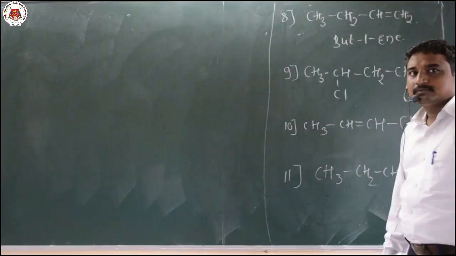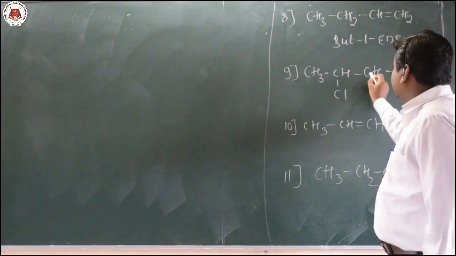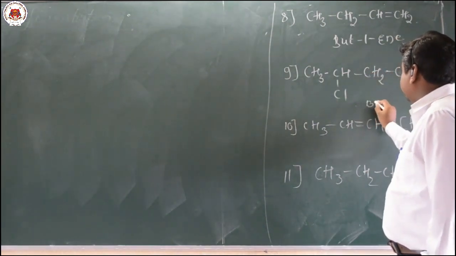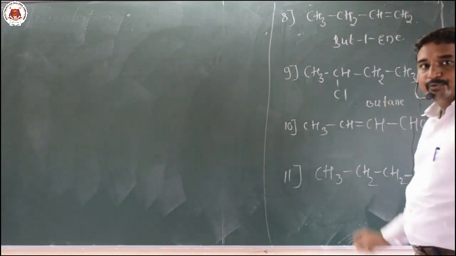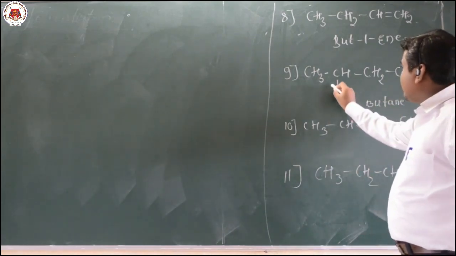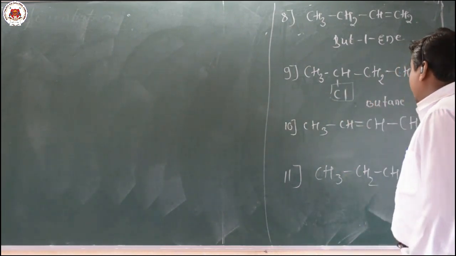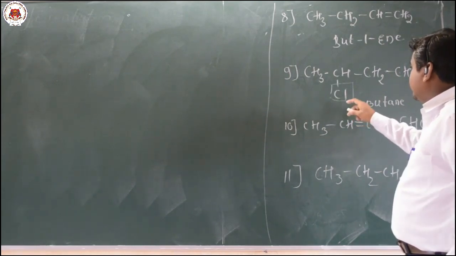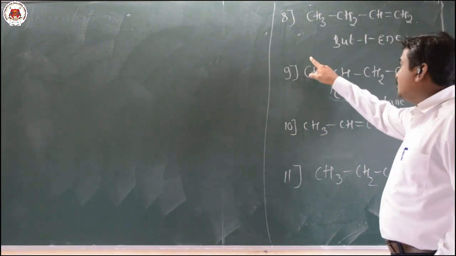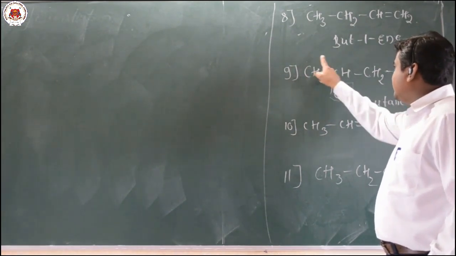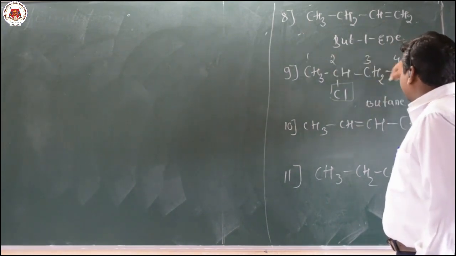In the 9th compound we have 1, 2, 3, 4, the root word is but, and the primary suffix, only single bonds, is ane: butane. We have a chlorine atom at the second position, which acts as a prefix, so you have to mention its position. While numbering the carbon atoms we have two ways. From this side, 1, 2, 3, 4, the substituent is at the second carbon atom.